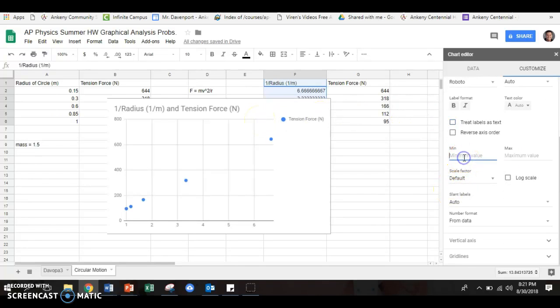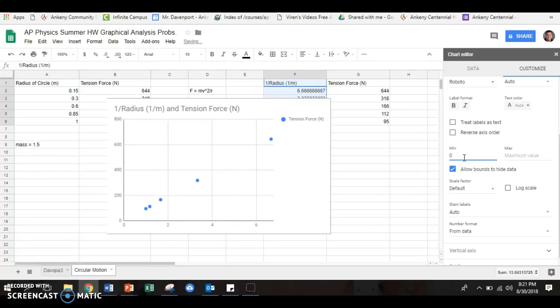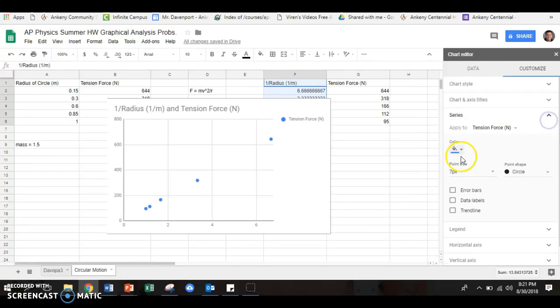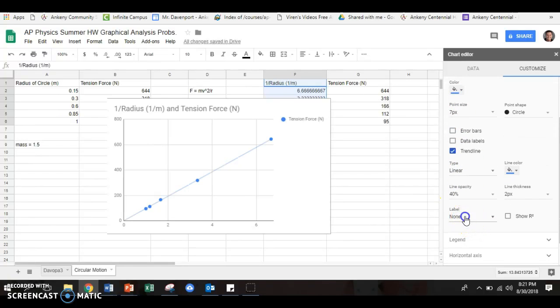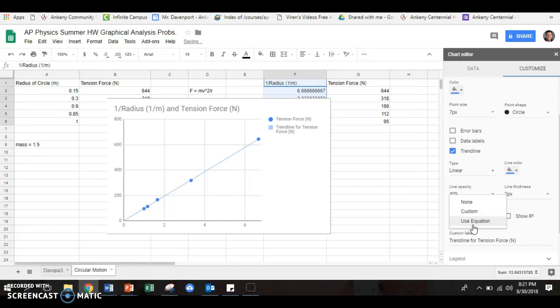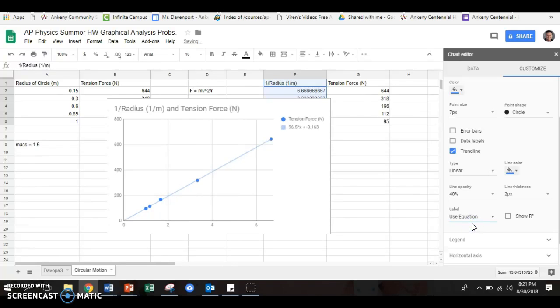If you want, go ahead and make the force axis start at 0 so you can see the origin and get a better idea of what you're looking at. Remember to insert your trend line. You need to go up to series. You will select linear, and we want an equation there.